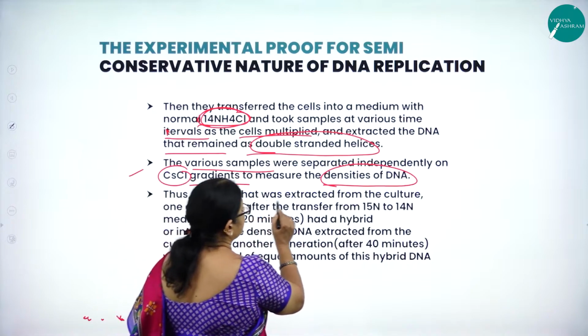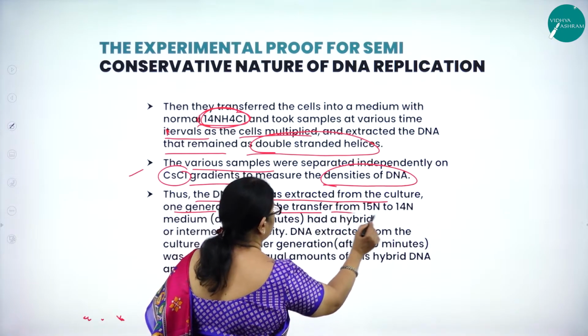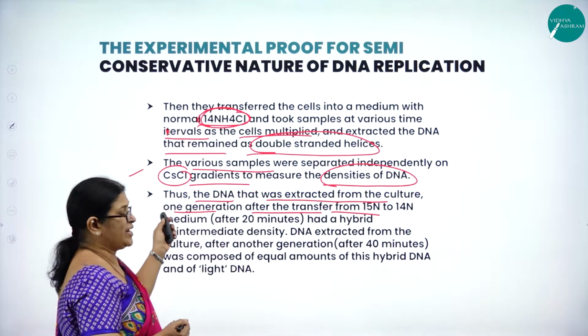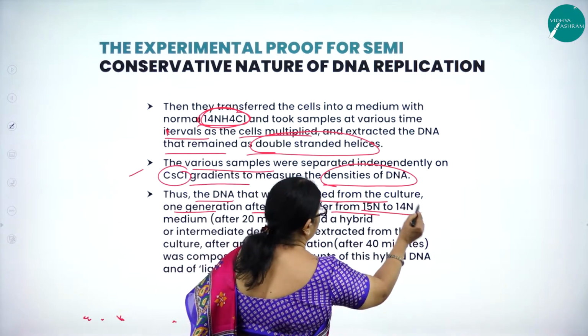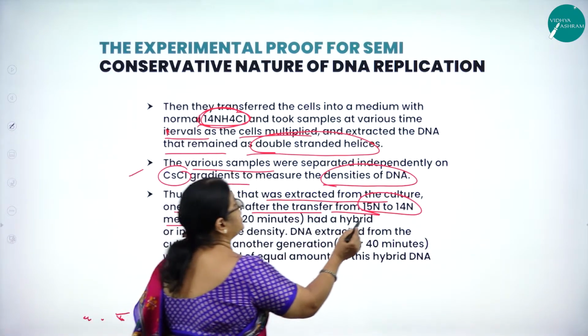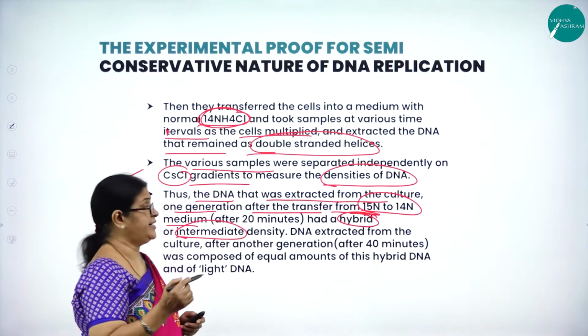that the DNA extracted from the culture one generation after the transfer from 15N to 14N medium, after 20 minutes, had a hybrid, that is, an intermediate density.